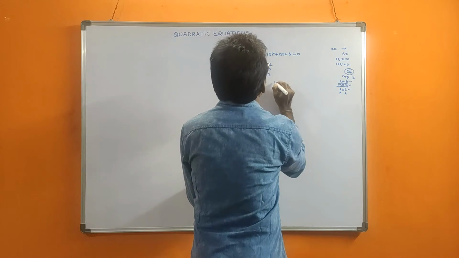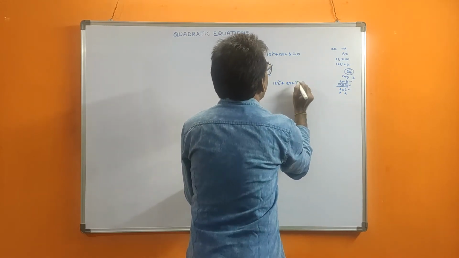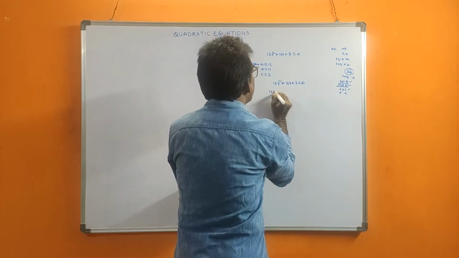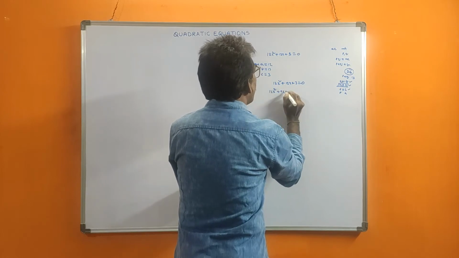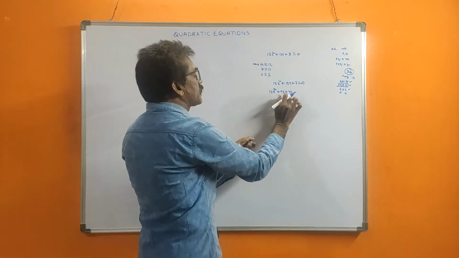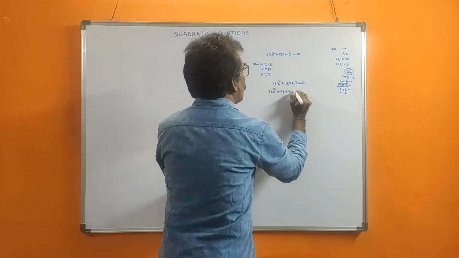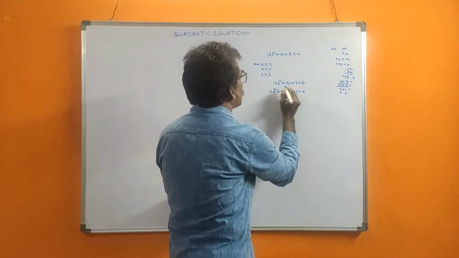So by selecting like that, in 12x square plus 13x plus 3 is equal to 0, instead of 13x we split it into 9x plus 4x. The value is not changed, it is 13x only, but we can find the factors if we write it like that.